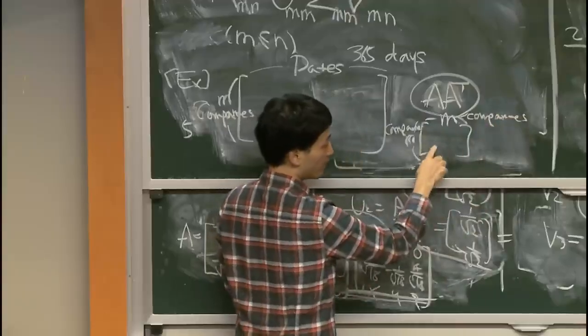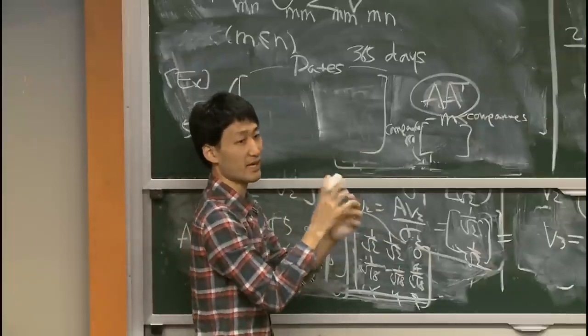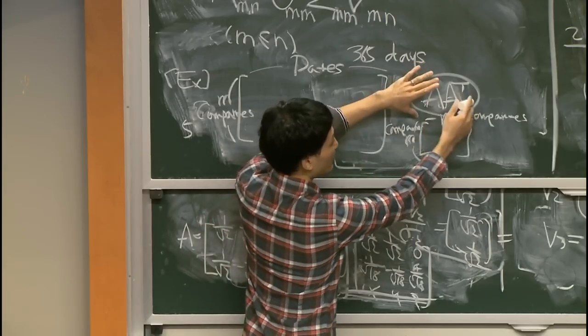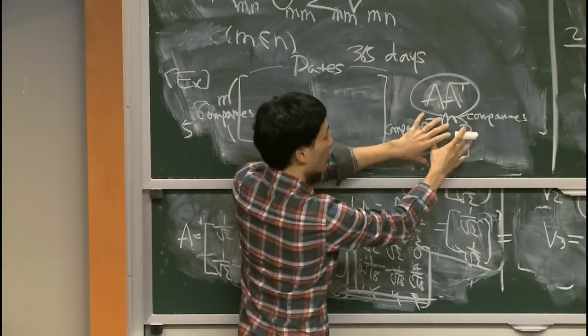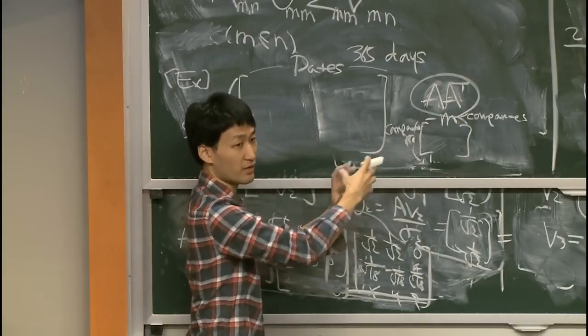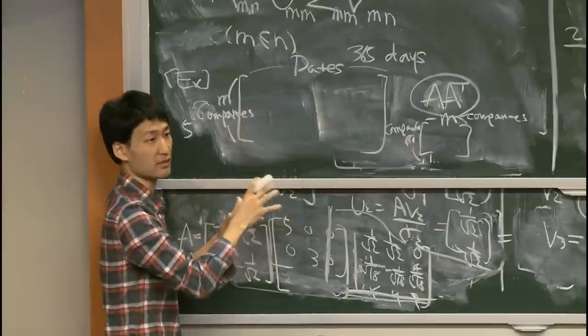The numbers here represent how much the companies are related to each other, how much correlation they have. So by looking at the eigenvectors of this matrix, you're looking at the correlation between these companies' stock prices. That information is represented inside the singular value decomposition.